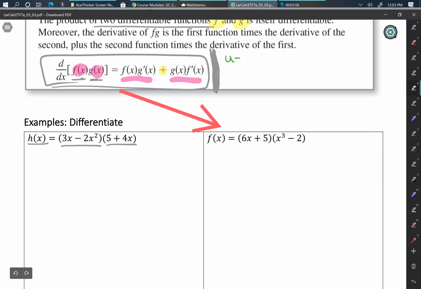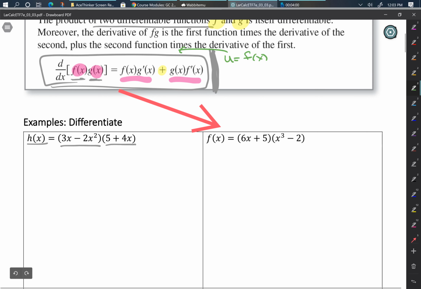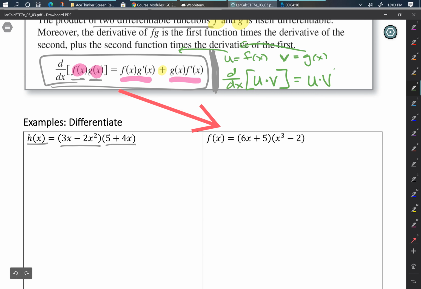Let's say that u is going to be the f of x over there, and let's say that v is going to be the g of x over in that definition. Then the derivative with respect to x of u times v is going to be u times v prime plus v times u prime.